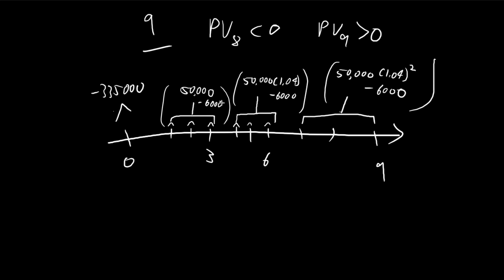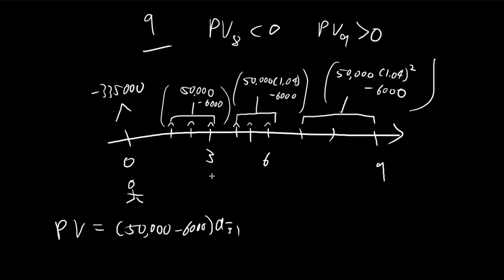For this expression here, we're going to bring it back to time 0. For the payments here, we're going to bring it back to time 3. So we're going to do it at different viewpoints. The payments over here, we're going to stand at time 0, and then the present value of all those payments will be 50,000 minus 6,000 times A3. So this term summarizes everything that's happening here.